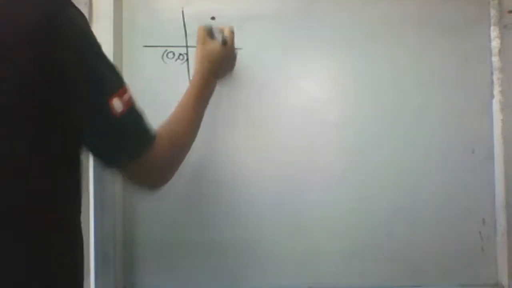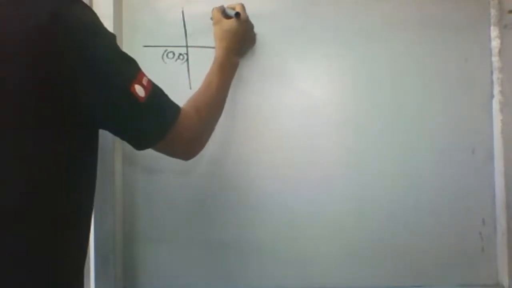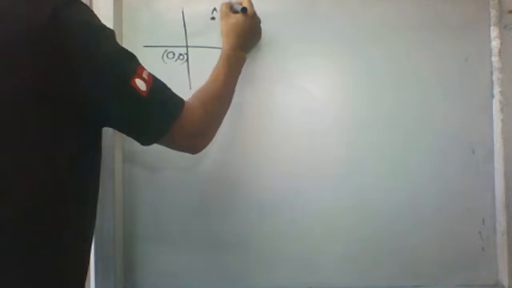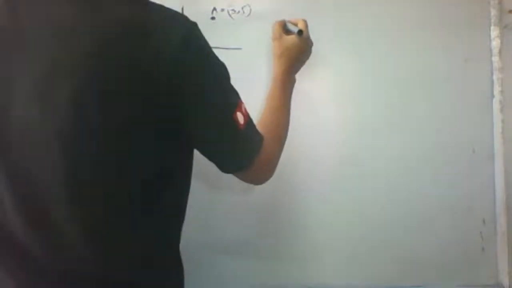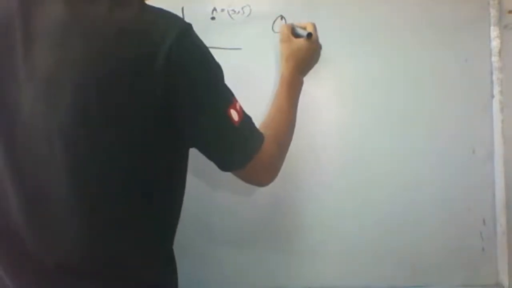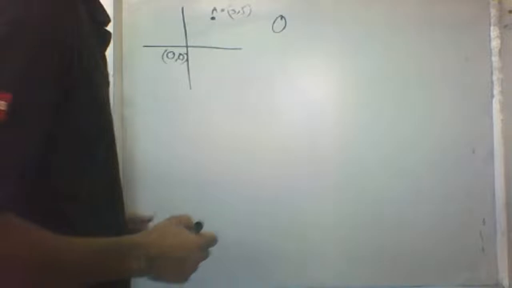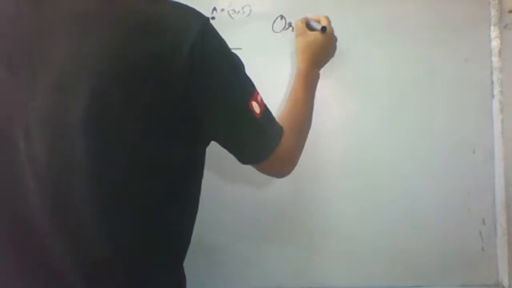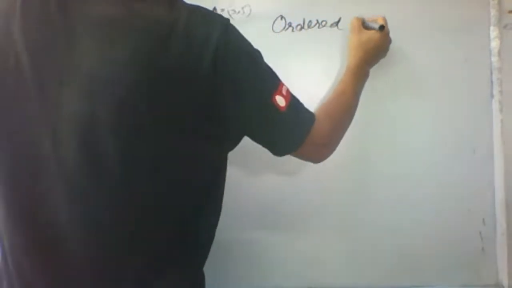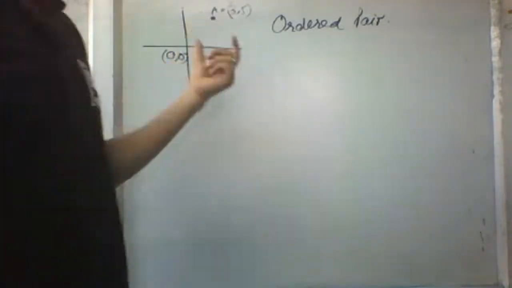Or when I was teaching you a point A equal to 3, 5, at that time this 3, 5 is known as the ordered pair. So the word I will use from now onward is ordered pair, and the spelling is O-R-D-E-R-E-D. Got it? This is known as the ordered pair.